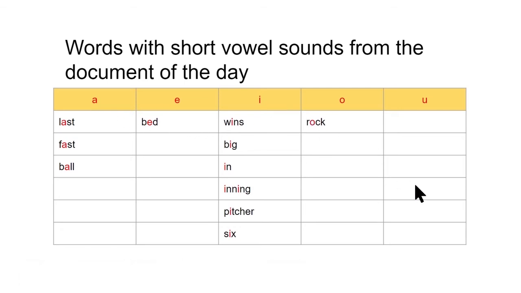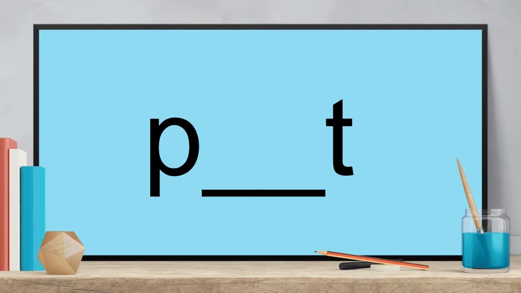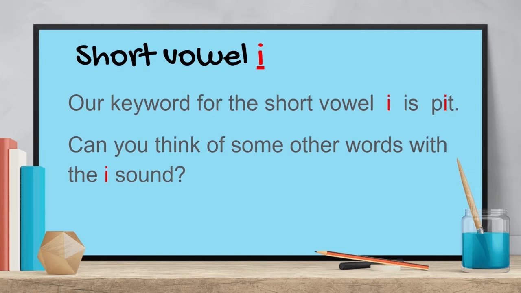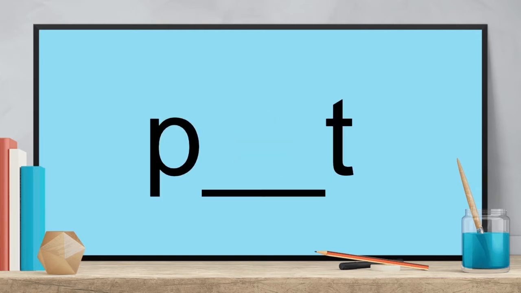But you could add some more in here if you would like. All right. So we have this word pat or pet or pit, right? And so that's where we're going to go now. We've already done A and E. Next we're going to do I.